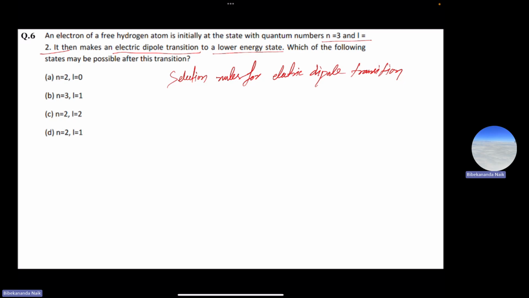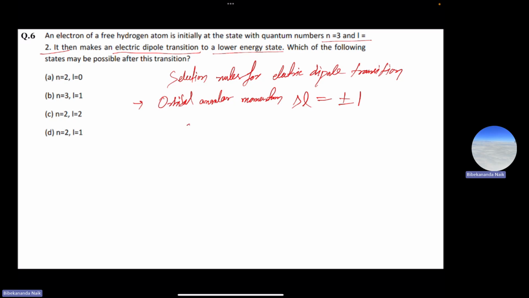So for orbital angular momentum, how should it change? Orbital angular momentum delta L should be plus minus 1, so there should be a change.